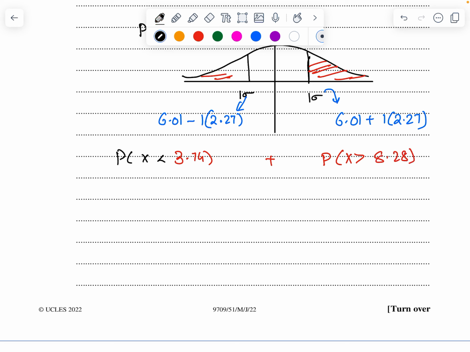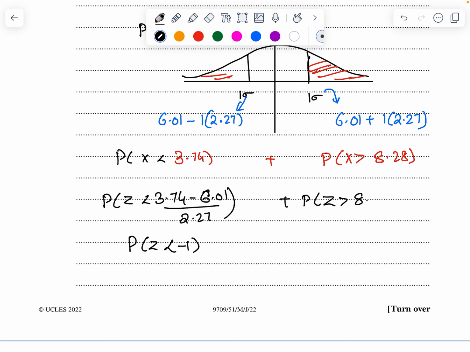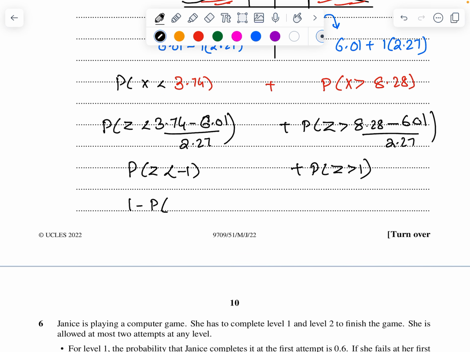So probability of z less than 3.74 minus 6.01 divided by 2.27. This is probability of z less than -1. This is probability of z greater than 8.28 minus 6.01 divided by 2.27. This is probability of z greater than 1. So 1 minus probability of z less than 1.